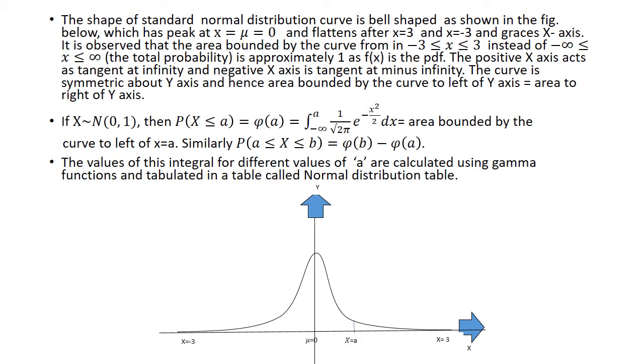Similarly, probability of x lying between a and b may be written as phi of b minus phi of a, upper limit minus lower limit. The values of this integral for different values of a are calculated using gamma functions and tabulated in a table called normal distribution table. The normal curve is shown in the figure.